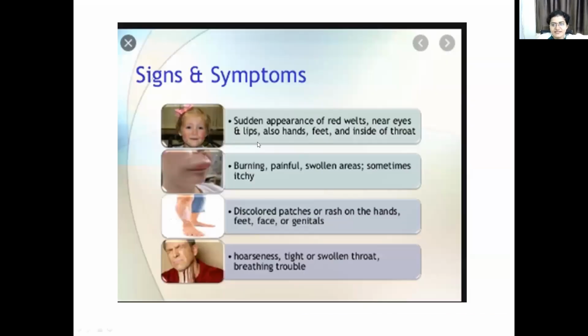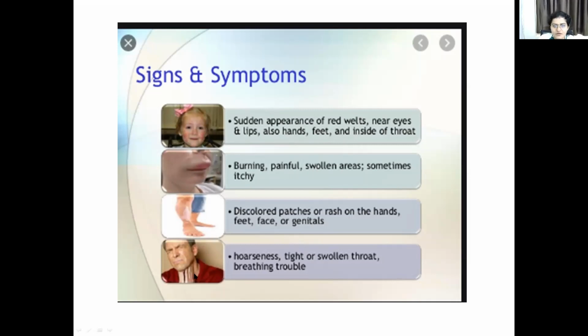Then what are the signs and symptoms? Sudden appearance of red rashes, mostly near the eyes, lips and also hands and feet. Then painful swelling or burning of the lips, sometimes itchy. Then discolored patches. See, this patch is discolored compared to the normal skin. So discolored patches or rashes on the hands, feet, face or genitalia.